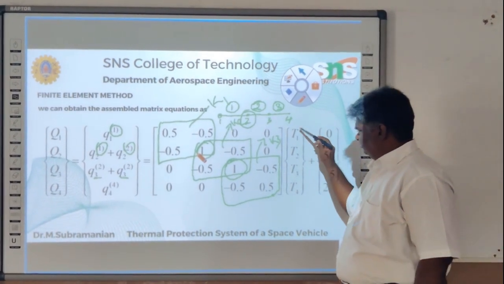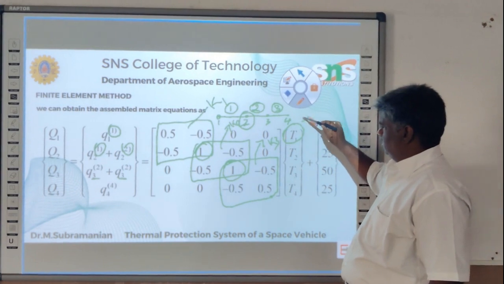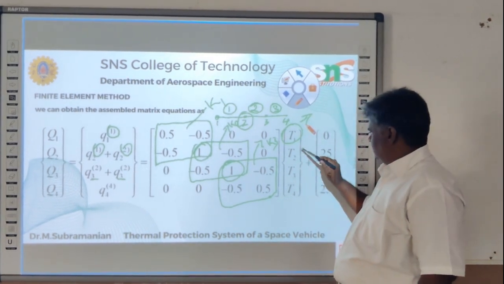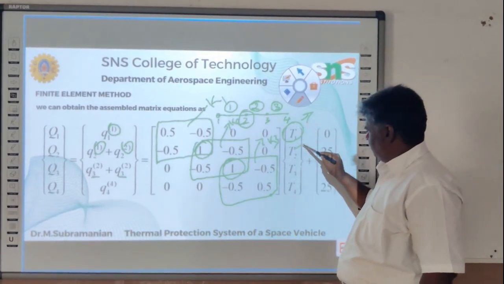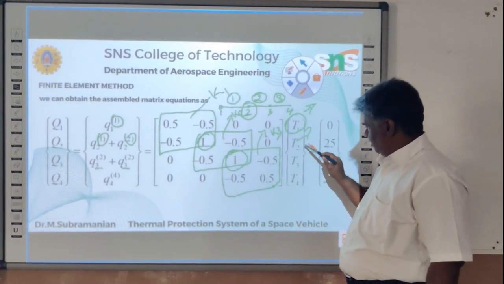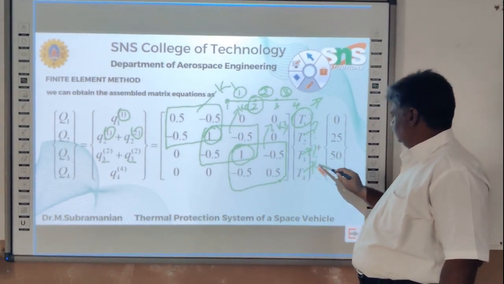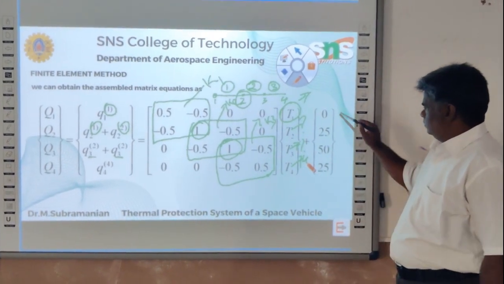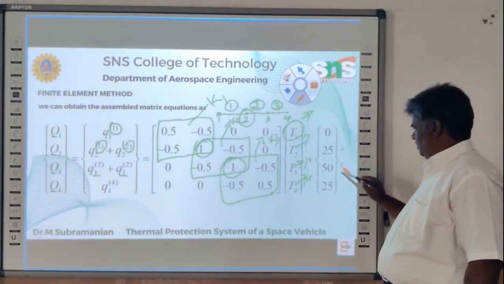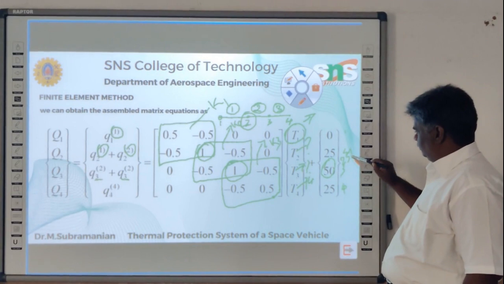So here the temperature T1 is a known value. The remaining unknowns are the temperatures at nodal point 2, node 3, and node 4. This is 1, 2, 3 and 4, and this is 25 plus 25.